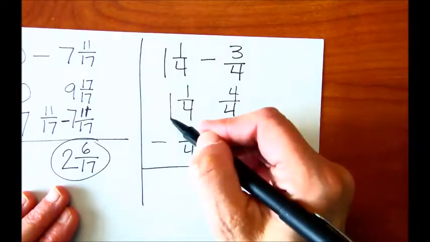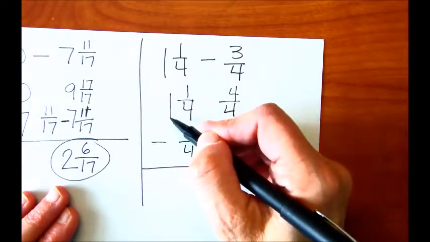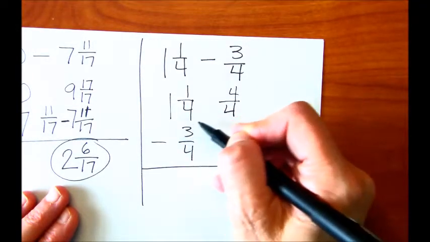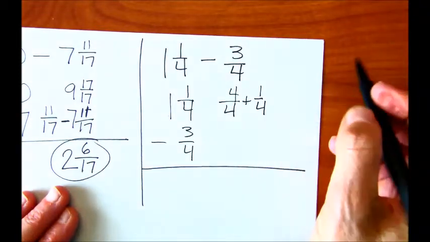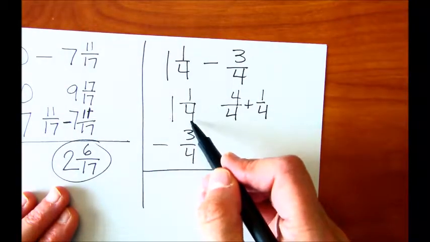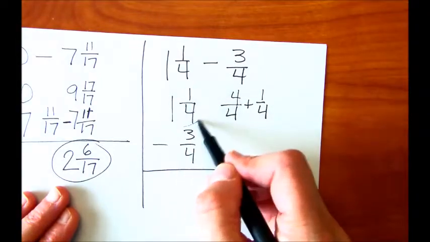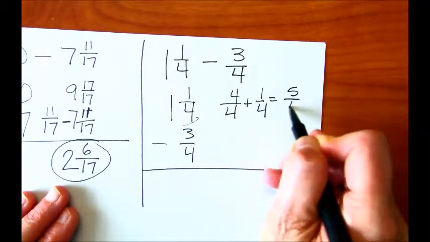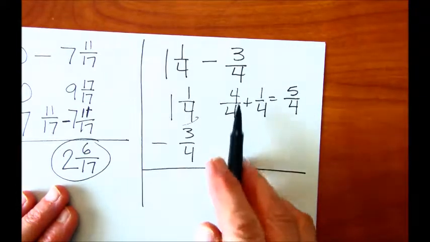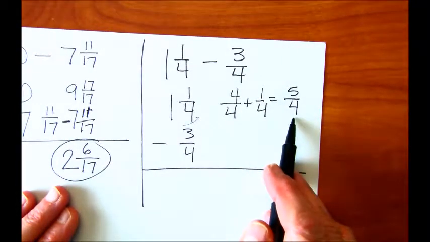Now, that 4/4 is going to take the place of that 1, but I want to add it to the 1/4 because I don't want to omit this part. This is part of the problem. It's the whole thing. So what I'm going to get is 5/4. So 4/4 plus 1/4 is 5/4.